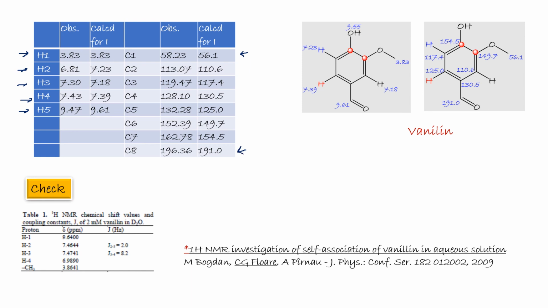To add one more, you can check the literature, that is vanillin, and the spectra for vanillin was already reported in 2009 in Journal of Physics Conference Series, and the data obtained match well with our unknown C8H8O3. This is the protocol of solving unknown structure. Enjoy it. See you next session.